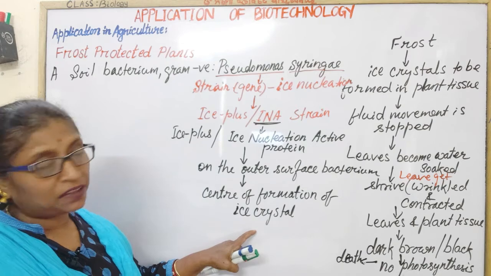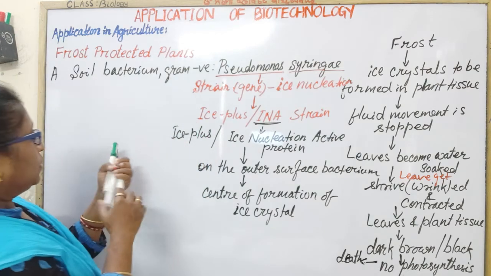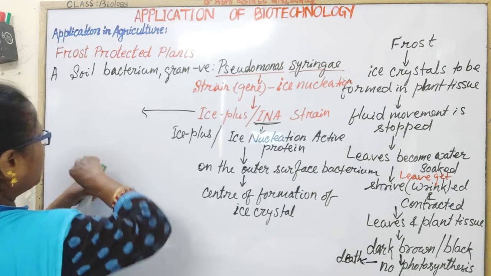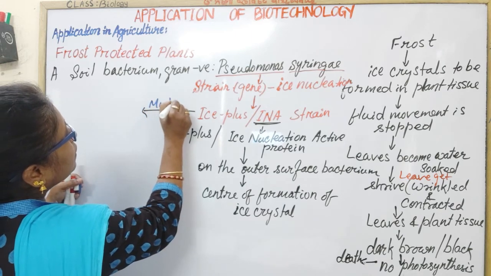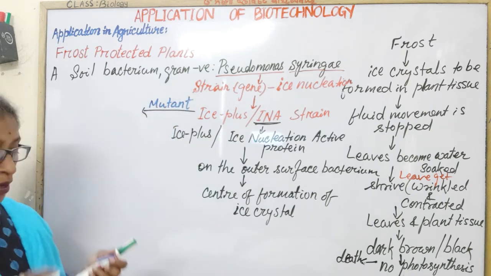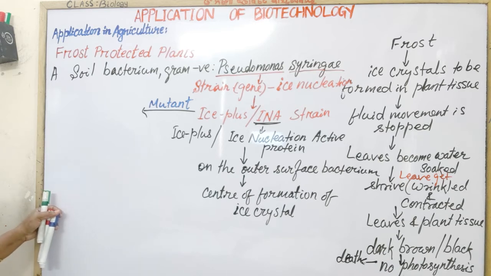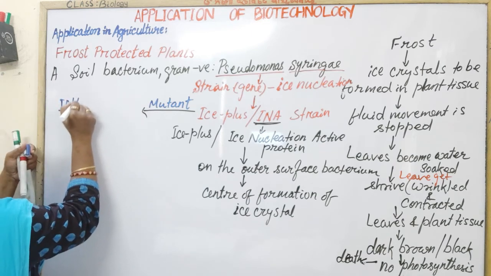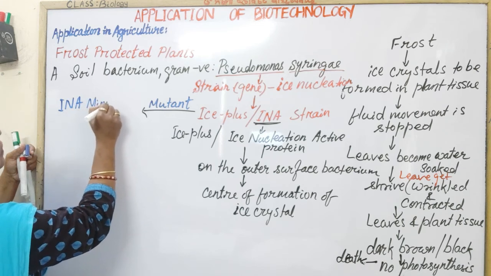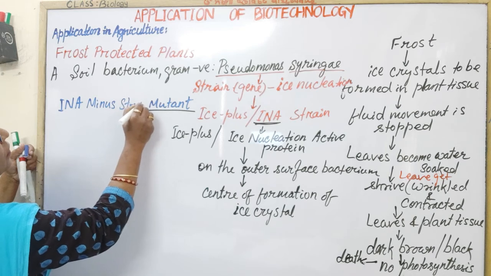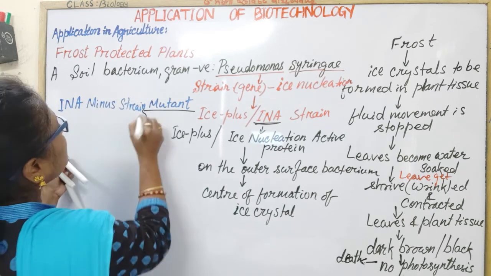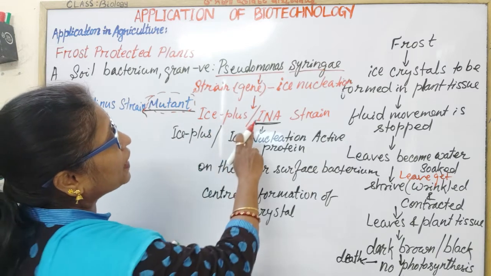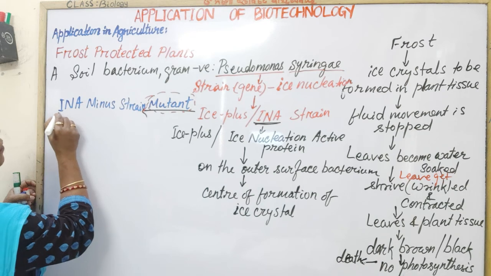So thus we can say ice formation occurs. But if we do a mutation of this strain, the mutant variety is the INA minus strain. If mutation is done to the ice plus or INA strain, then we get the INA minus strain.